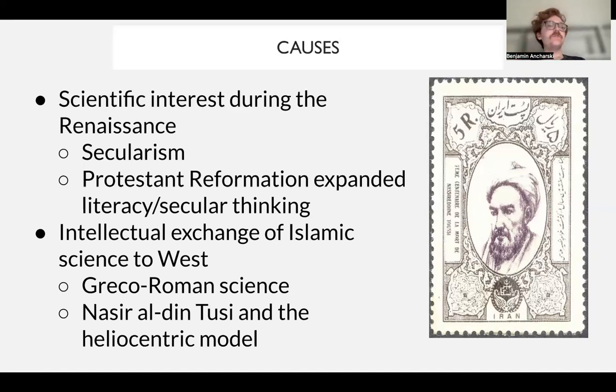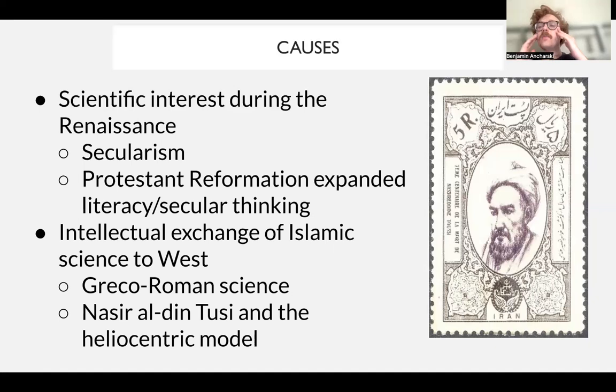But even more specific ideas, even more specific scientific theories, are also going to be transferred to Europe thanks to these intellectual exchanges as a result of trade. For one thing, we do see a profound influence of a certain Islamic astronomer on the findings of European thinkers. We see that best expressed in the figure of Nasir al-Din Tusi.